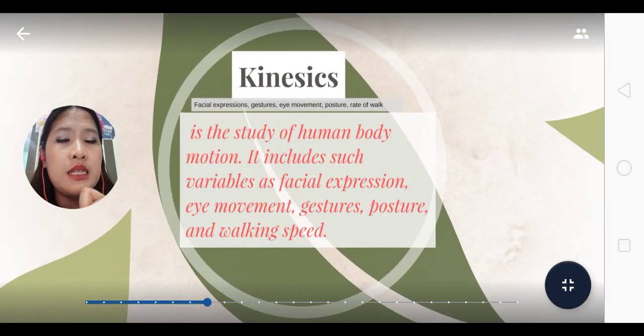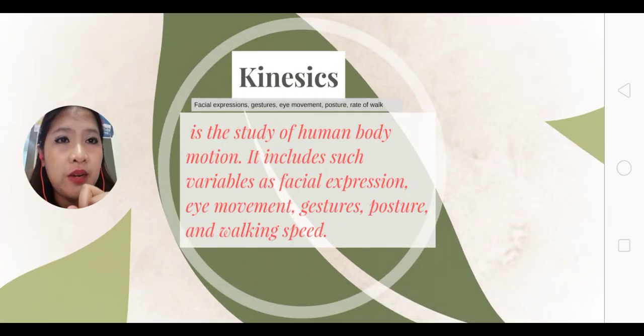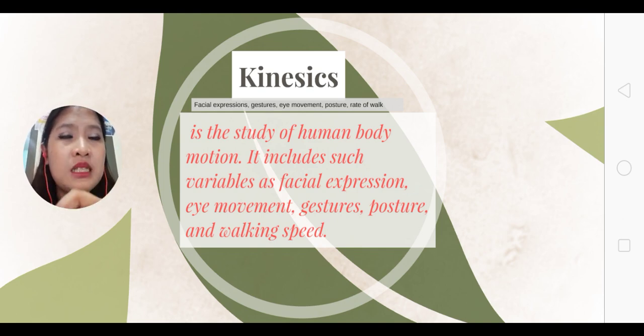So, kinesics refers to the facial expressions, gestures, eye movement, posture, and rate of walk. It is the study of human body motion. So in kinesics, you're referring to the movement. It includes variables such as facial expressions, eye movements, gestures, posture, and walking speed. By just looking at the posture of someone, you could already have a hint of the type of personality that the individual has.